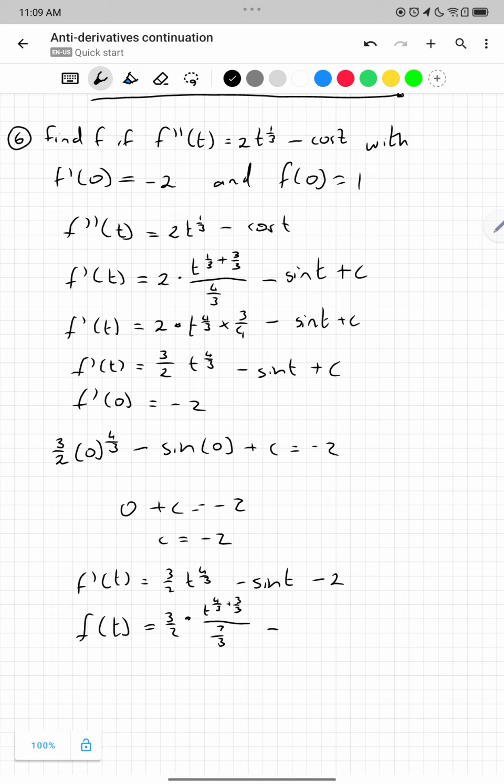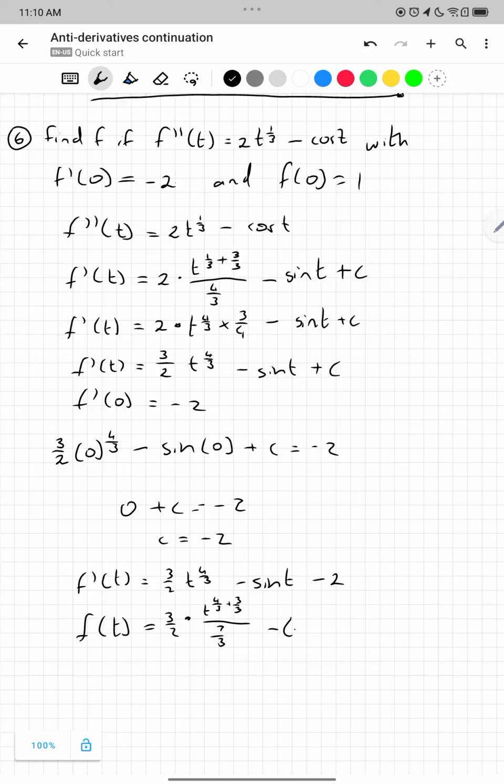Right? Minus, look at this now. I need to derive cos to get sine, right? But there's a but. If I derive a positive cos, I get a negative sine. So if I derive a negative cos, I will get a positive sine.